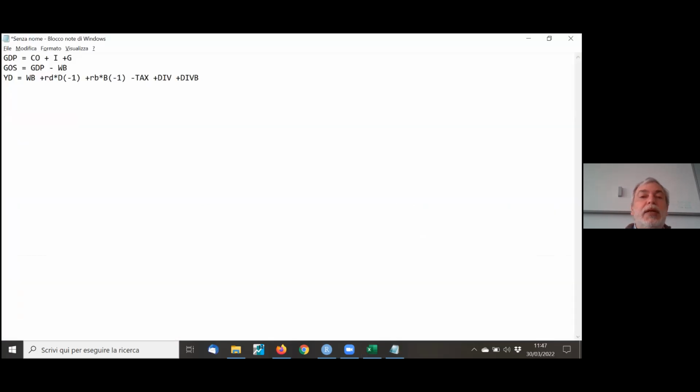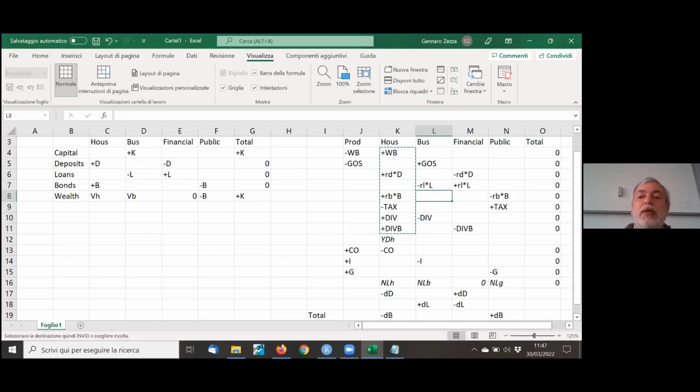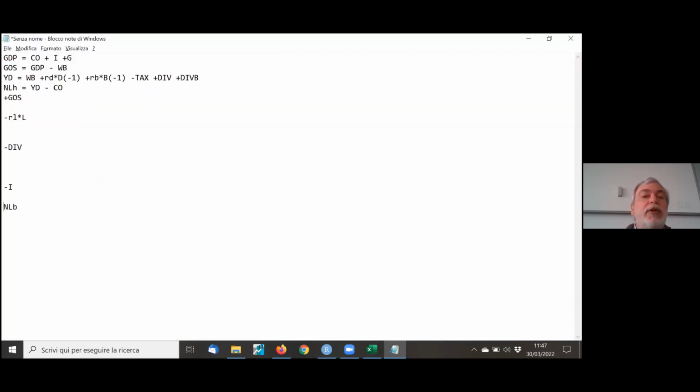The net lending of business will come from here. So the NL of business would be the operating surplus less what they pay on their loans, less the dividends, less investment.